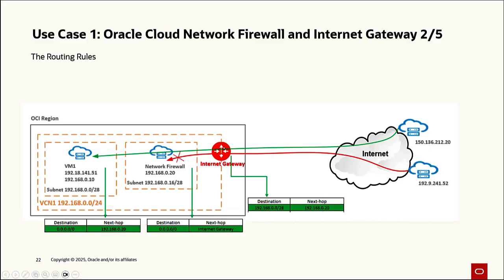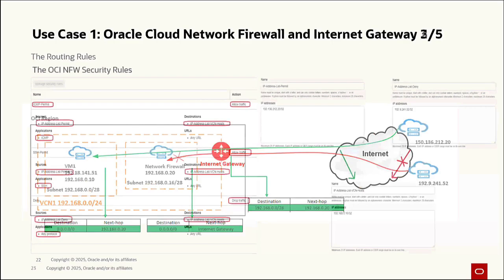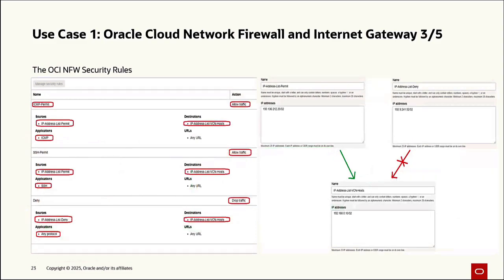So my internet gateway will send all the traffic for my VM1 subnet over the network firewall as next hop. Right. So the routing is very simple, very intuitive. And now, taking into account that the network firewall, from the routing perspective, was configured as a bump in the wire, let's see its actual configuration on the security side.